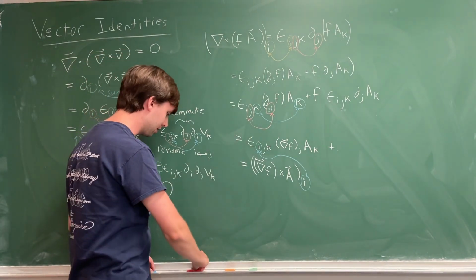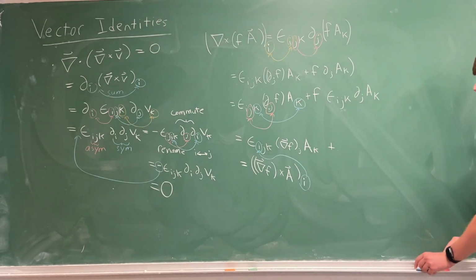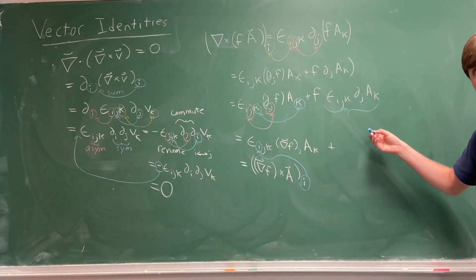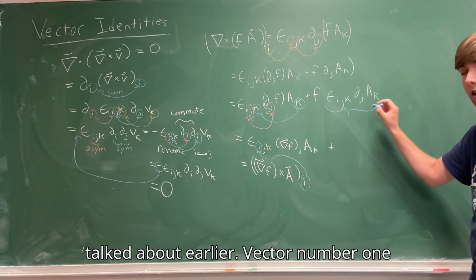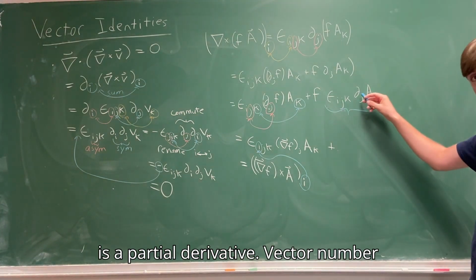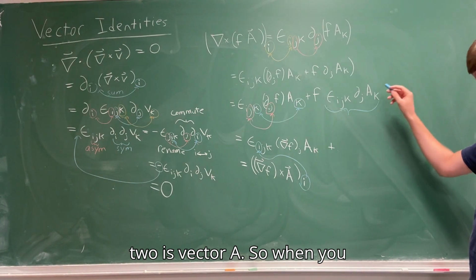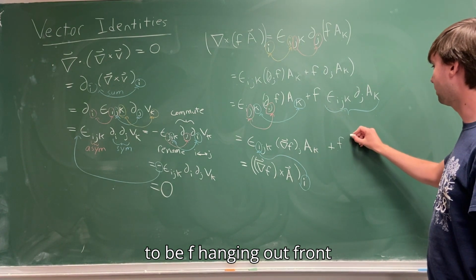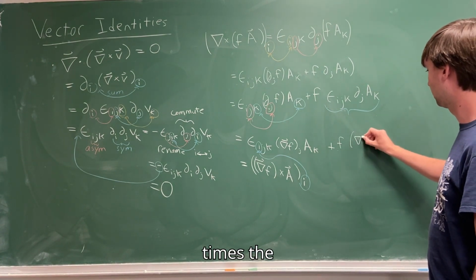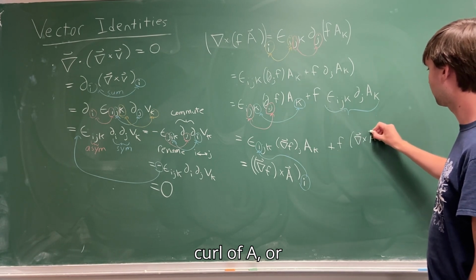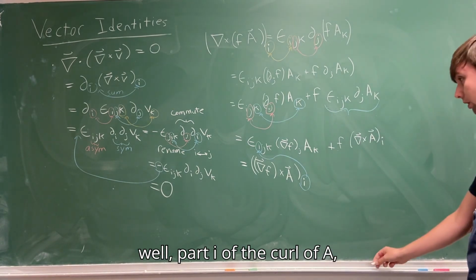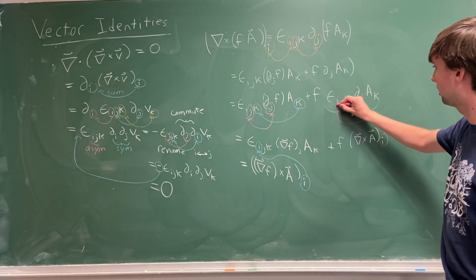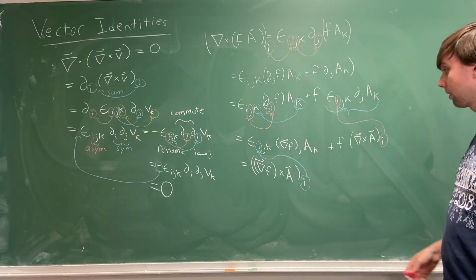Now over here, this part here is much simpler. This follows the form of curl that we talked about earlier. Vector number 1 is a partial derivative. Vector number 2 is vector A. So when you put all that together, that's just going to be f hanging out front times the curl of A, or well, part i of the curl of A, where again, this i has to be consistent with that i.